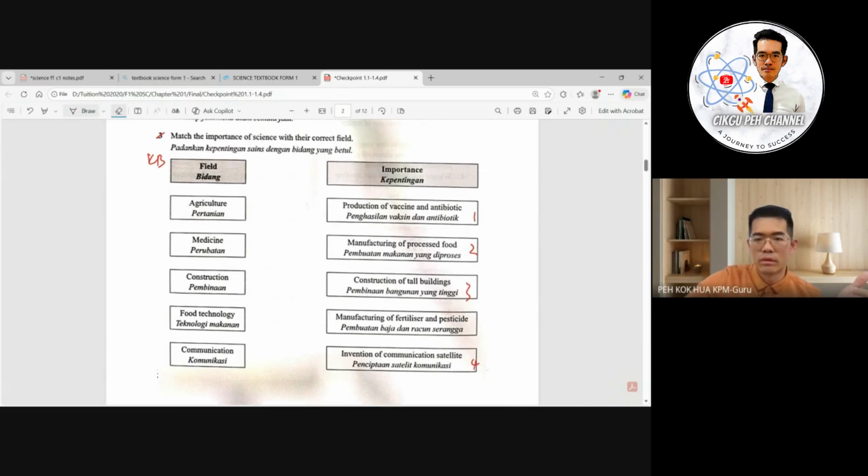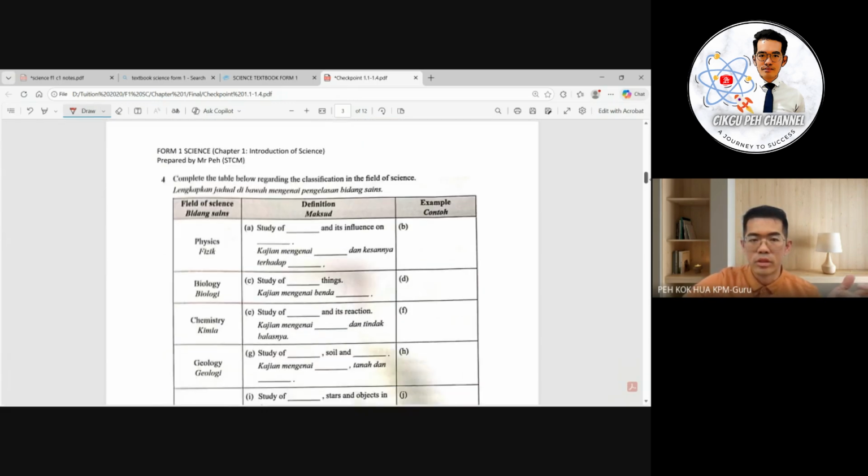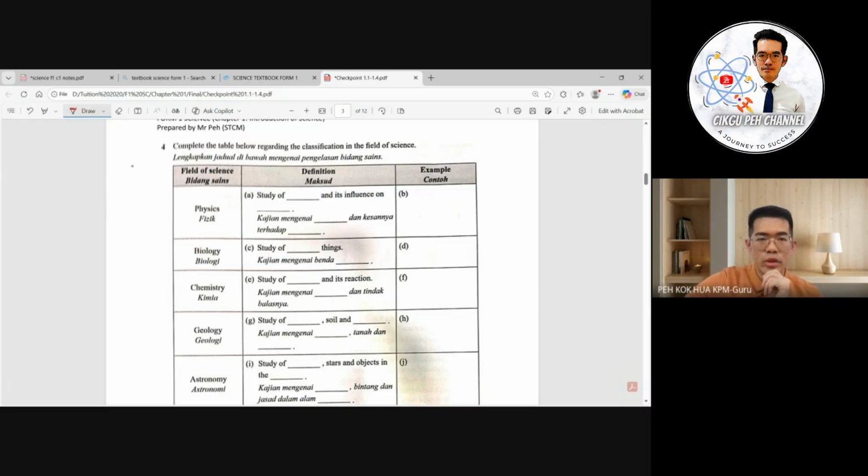4 and 5. Okay, so you try number 3. Then Catherine, you try number 4, physics. A, you give the fill in the blank definition and give one example. You can key in also in the chat room, like say you finish already a question.